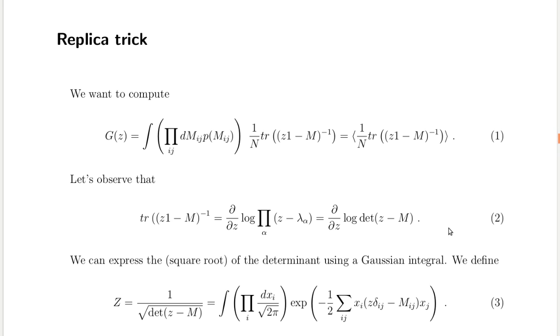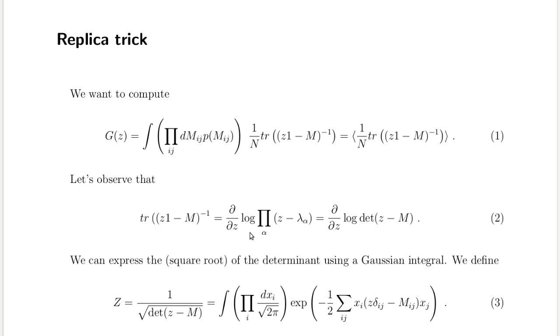In order to do this, we are going to use another trick, expressed in equation 2: the trace of the inverse of the matrix can be written as the derivative of the log of the product of the eigenvalues of this matrix, which can in turn be written as the derivative of the log of the determinant.